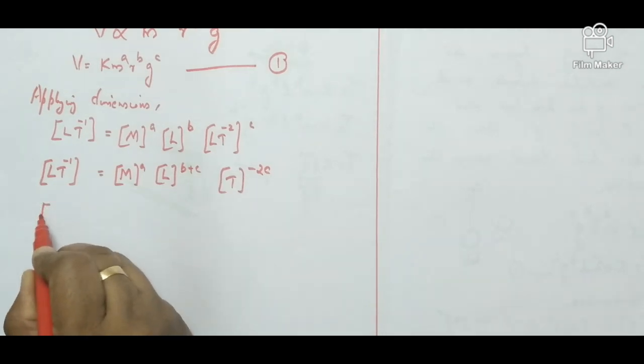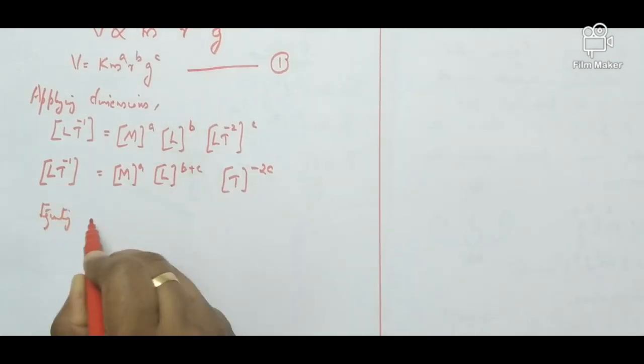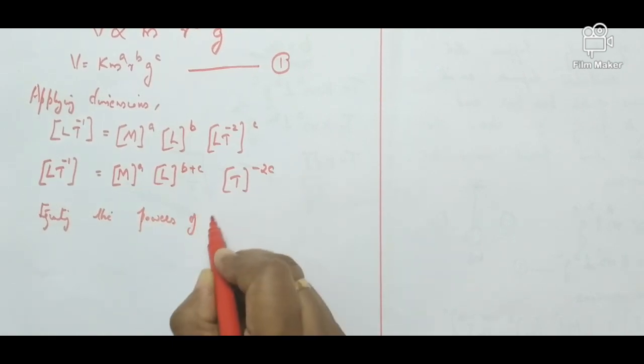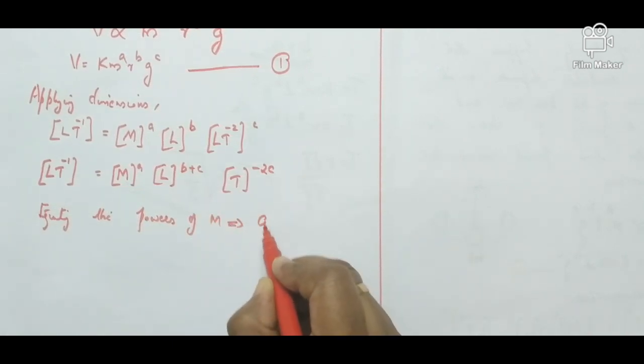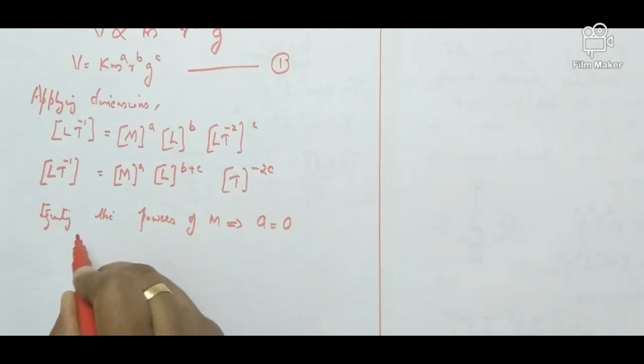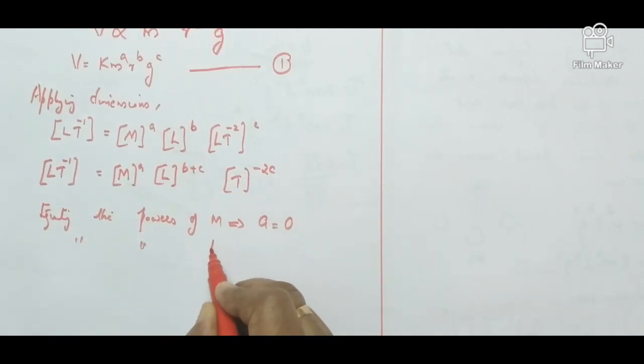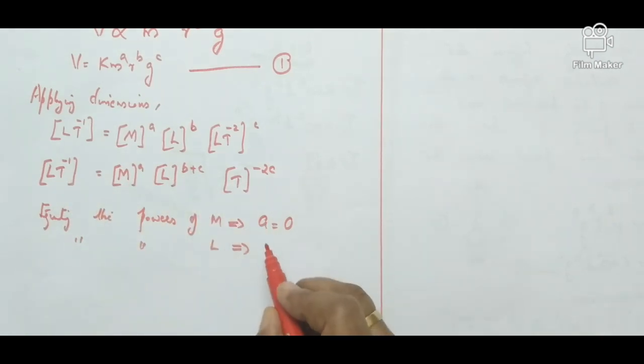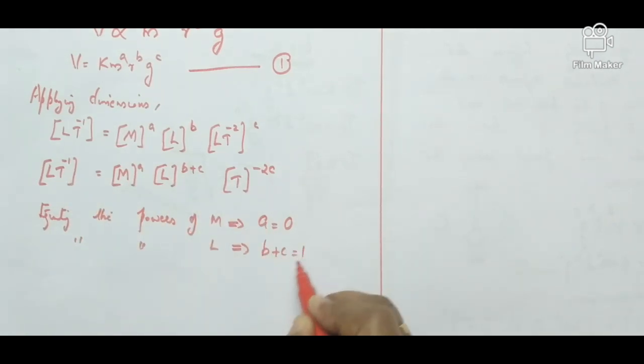Equating the powers of mass, we can write a equal to 0. Again, equating the powers of length, left hand side 1, right hand side b plus c. So b plus c is equal to 1.